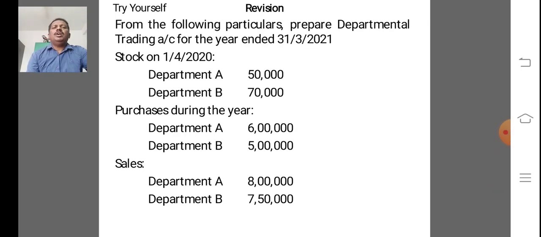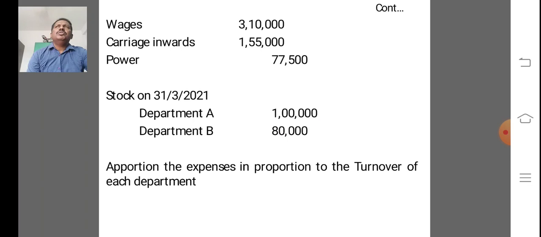From the following particulars, prepare departmental trading account for the year ended 31/3/2021. Stock on 1/4/2020: Department A 50,000, Department B 70,000. Purchases during the year: Department A 6 lakh, Department B 5 lakh. Sales: Department A 8 lakh, Department B 7,50,000. Wages 3,10,000 is given.